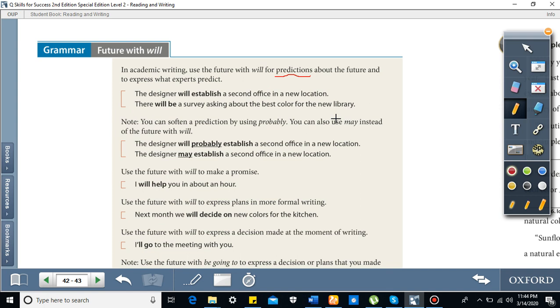Sometimes people predict in a way that they think it's true, so it depends. Here we have an example: The designer will establish a second office in a new location. This is a prediction we're giving about these designers.